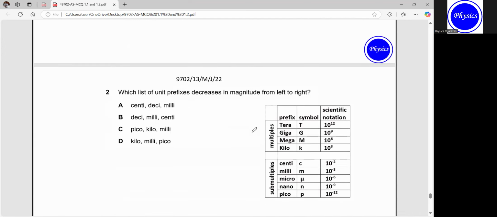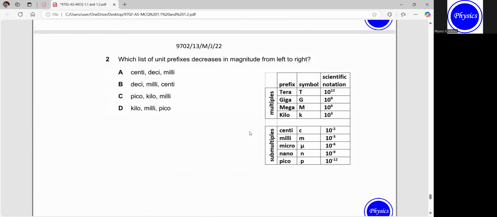Centi, deci, milli, no. Pico, kilo, milli, no. Kilo, milli, yeah, starts from the highest. Kilo is the highest. Then it goes to milli, then it goes to pico. So this one.